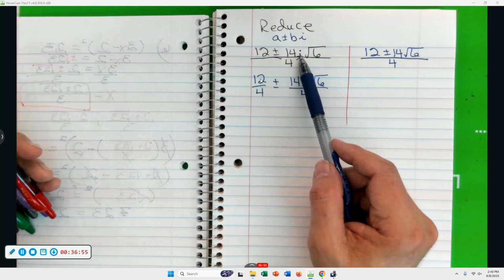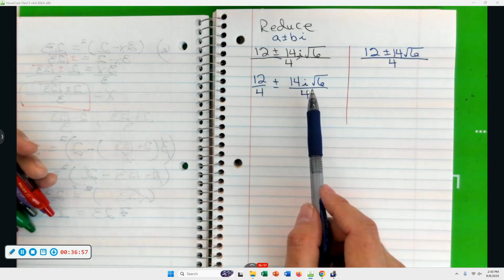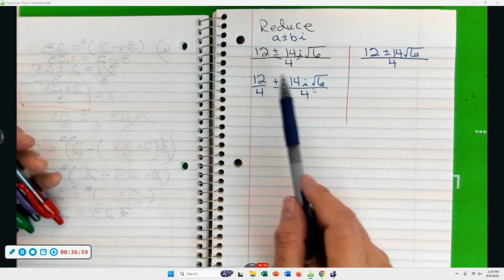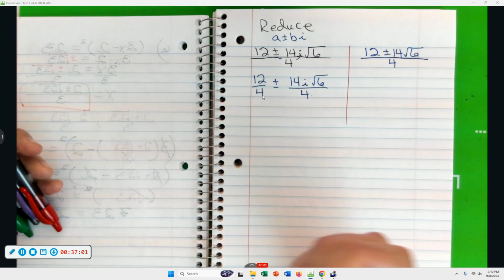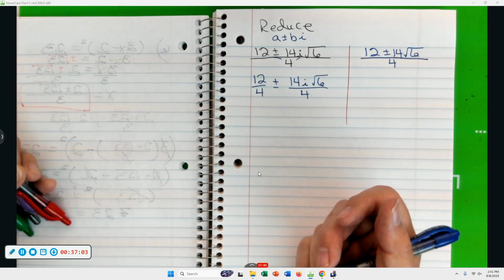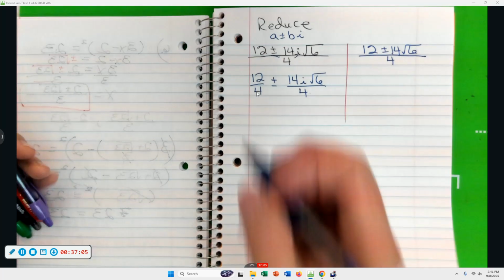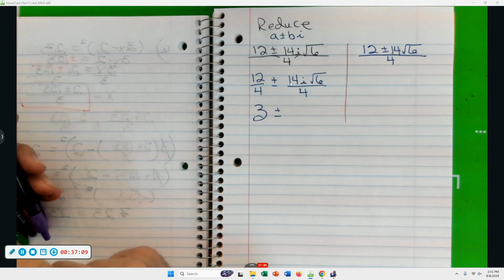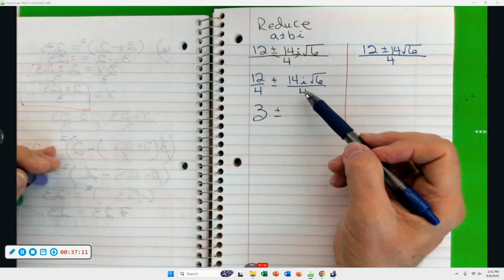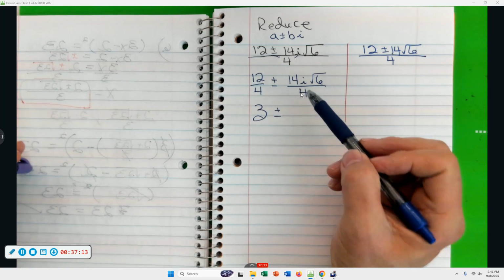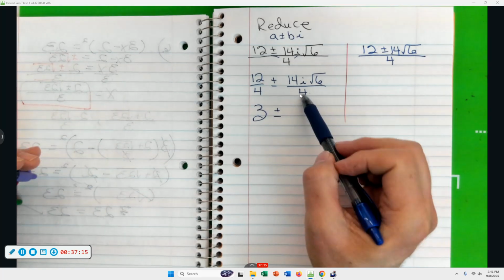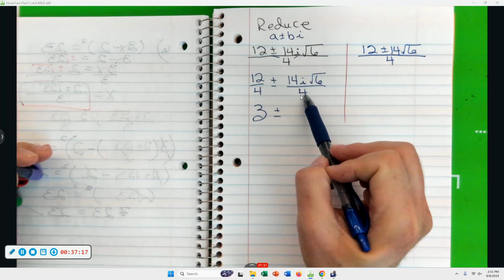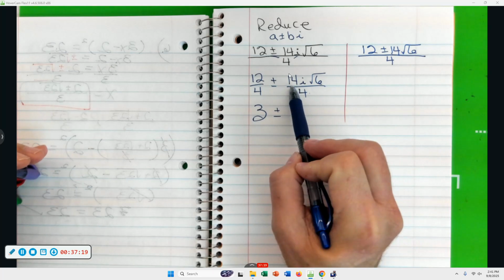If there's an i on top, reduce to two separate fractions. 12 divided by 4 reduces to 3 plus or minus. You can only cancel the thing that's not under the radical with the other number that's not under the radical.